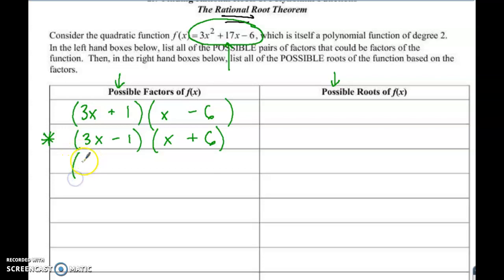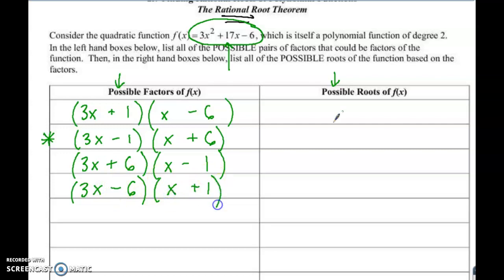The other part of this that I want to point out is that, while I'm leaving the 3x and the x alone, I could have switched the 6 and the 1 around, plus and minus. Or 3x minus 6, x plus 1. For the possible roots, I'm going to assume that you can do this quickly in your head, where you find your zero product and do negative 1 over 3.